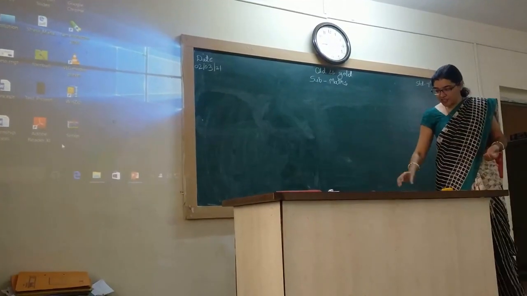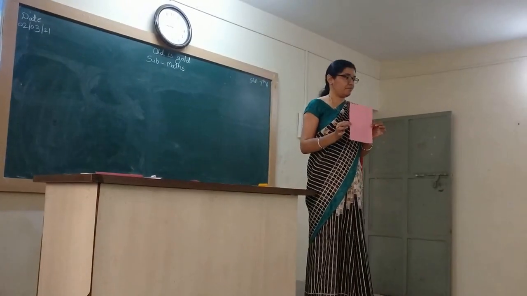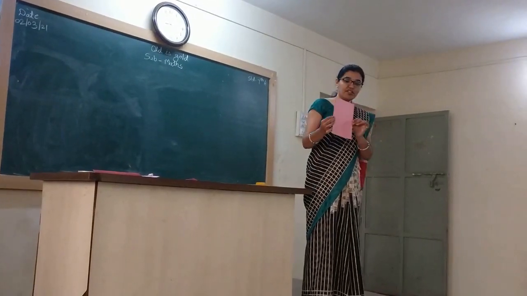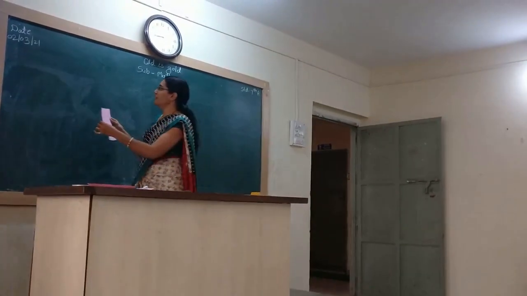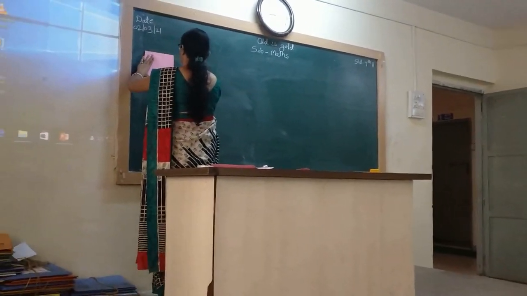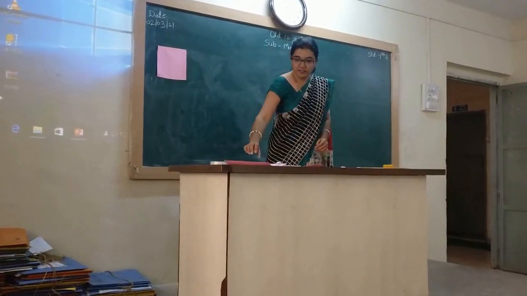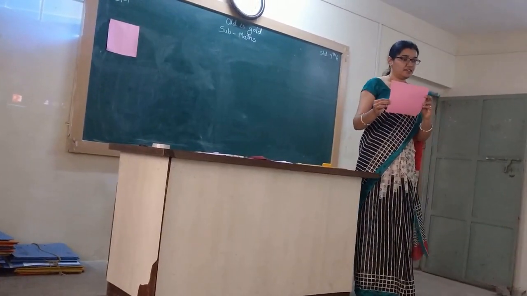Okay, I have some cutouts with me. You have to identify the shape of this cutout. So what is this? Very good. This is a square. Okay. What is this? Rectangle.